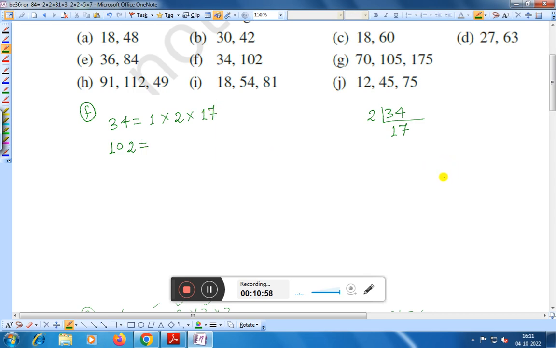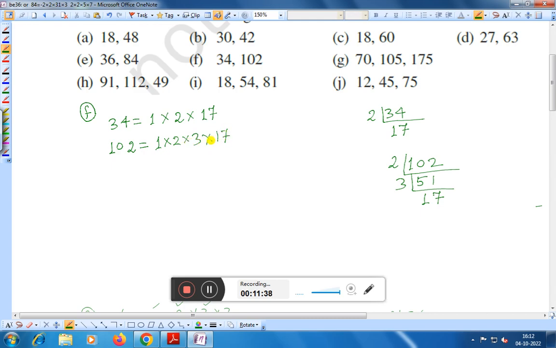And in case of 102, we divide it by 2: 2 times 51 is 102. And again we will divide it by 3: 3 times 17 is 51. Then we are getting 1 into 2 into 3 into 17.